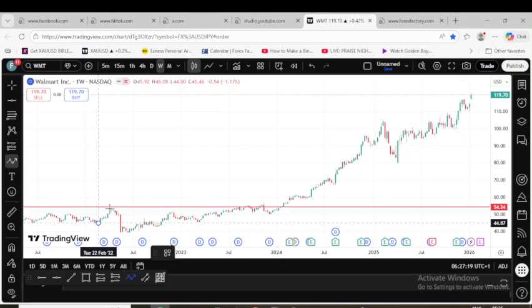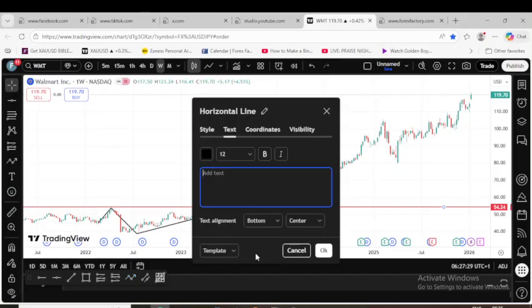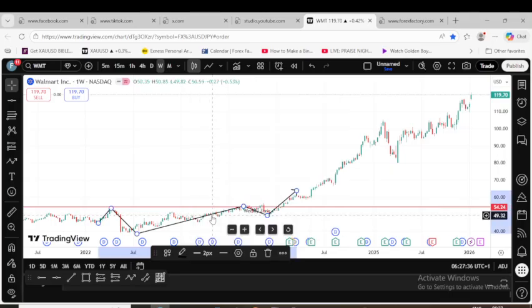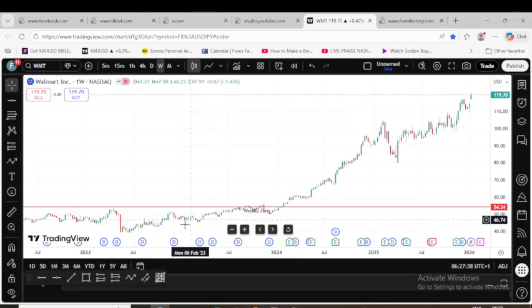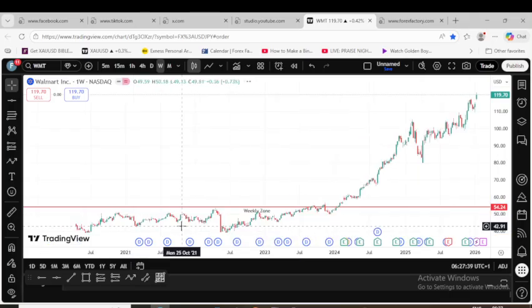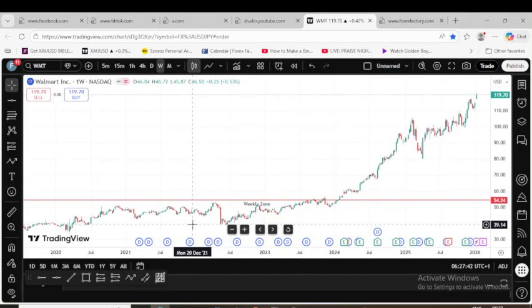You can see price resisted at this level multiple times, making this a valid zone. Let's say zoom around here.